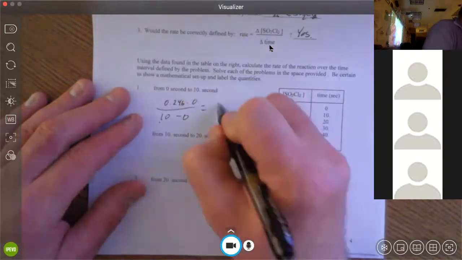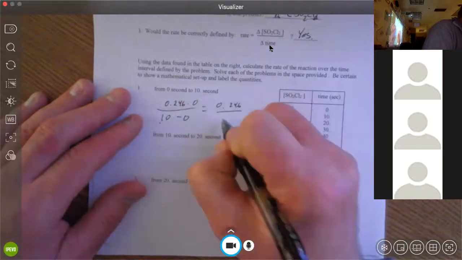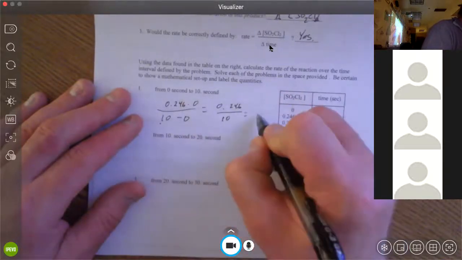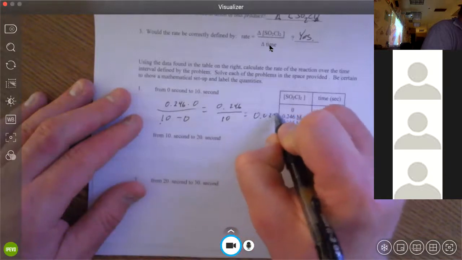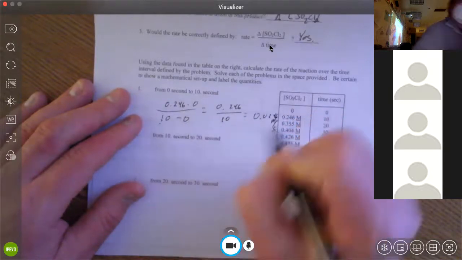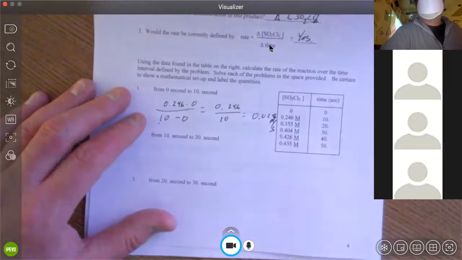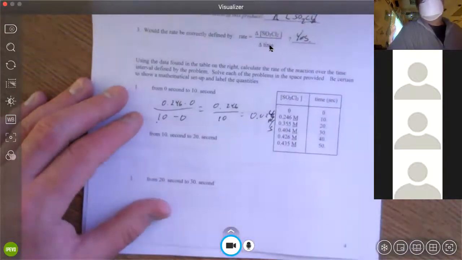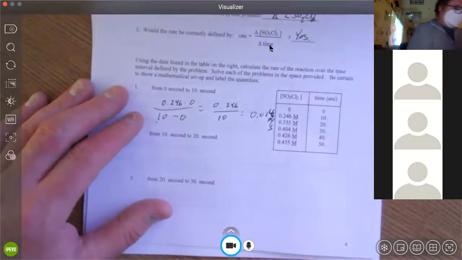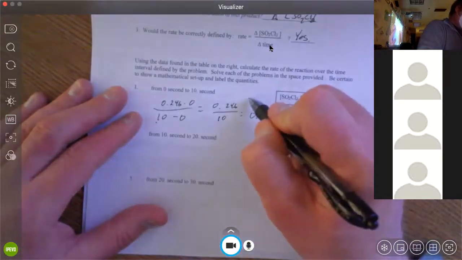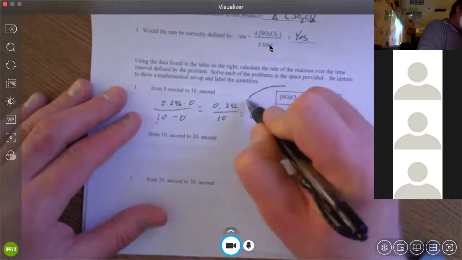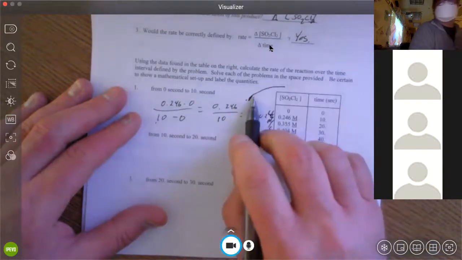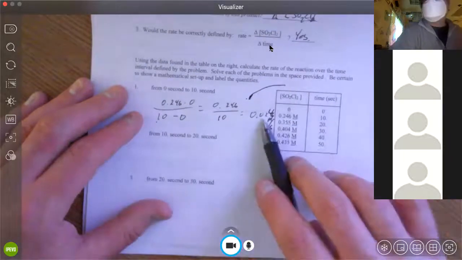What's that going to equal? 0.246 divided by 10, which equals 0.0246 molarity per second. Again, if we were to look at this, we could find the slope for that first 10 seconds, and that would be it.